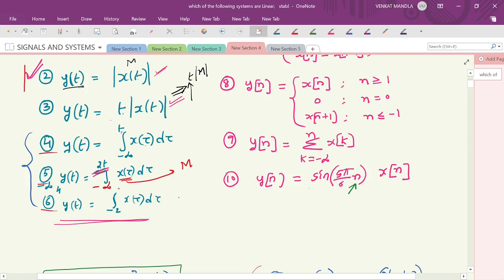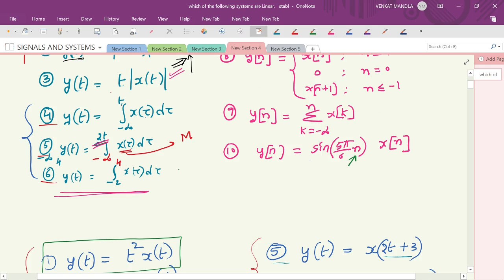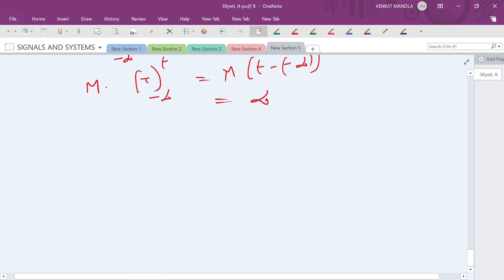But in the sixth question, integral from minus 2 to 4, the limits are finite. Okay, we'll solve here. Sixth question, yt equal to integral of minus 2 to 4 of x tau d tau.